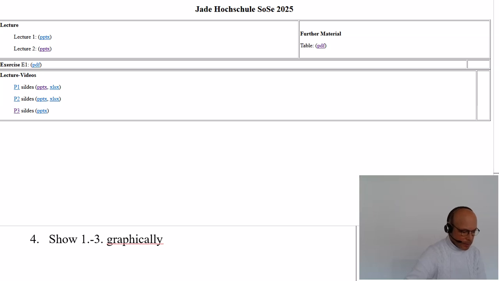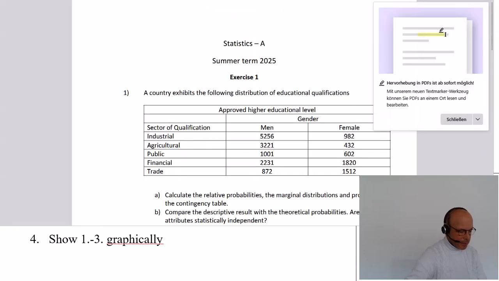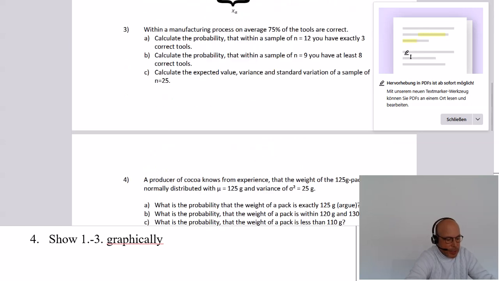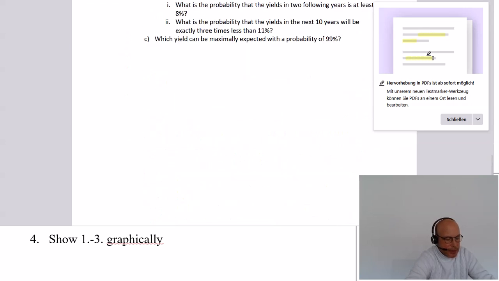On my webpage I also gave you some exercises. Please do them over the next week, and we will meet on Thursday to do these exercises together with the example within the lecture. Thank you very much for today.